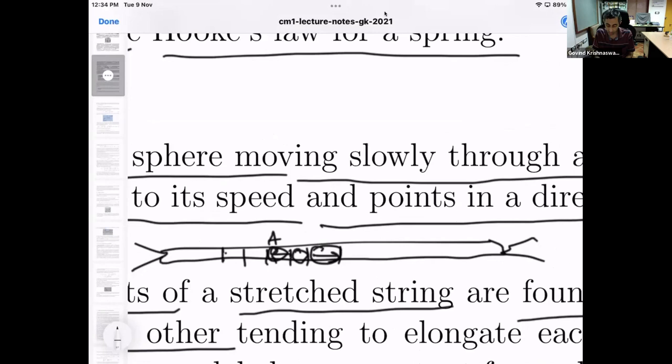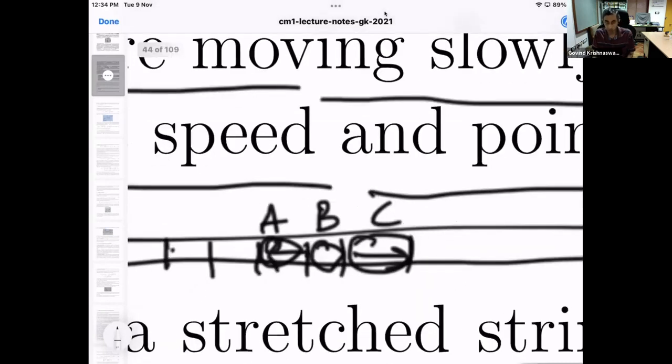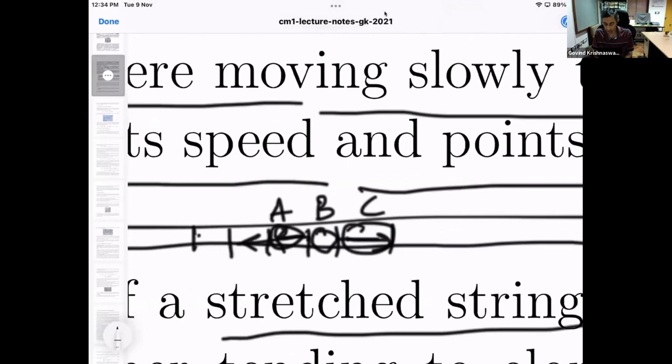So I've got A, B, C. I've got three pieces of string. Because the string itself is stretched, C exerts a rightward force on B, and A exerts a leftward force on B, and this force is called tension. It tends to stretch the string.